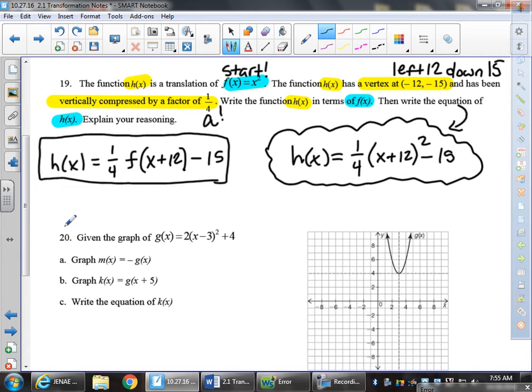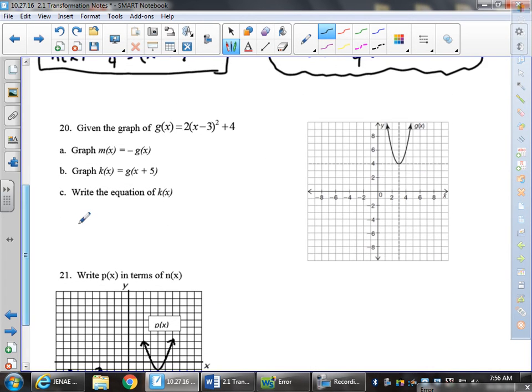Given the graph of g of x equals this, let's get our colors going. This is what I'm given. Now we have some new instructions here. In A, it says graph m of x equals negative g of x.